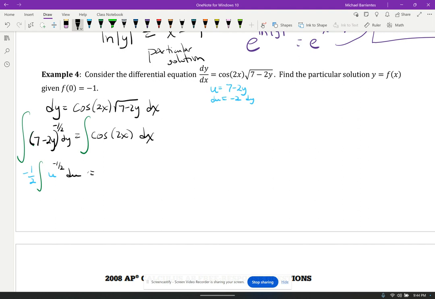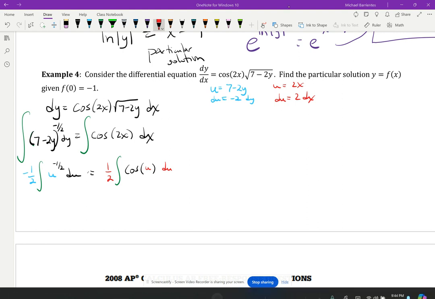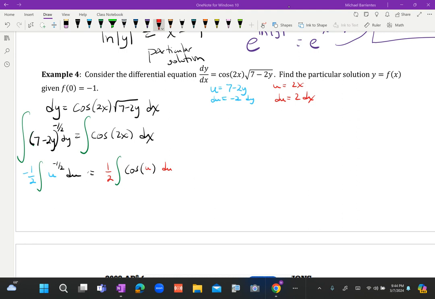And that equals, I'm going to do another substitution here, and I'm going to do this one in red. If my u is 2x, then my du is 2 dx. So then I'm going to be multiplying 1/2 times the integral of cosine of u du. I'm doing this because I have an inside-outside situation, and when I'm trying to take the antiderivative, I can't do that unless I use this u substitution.